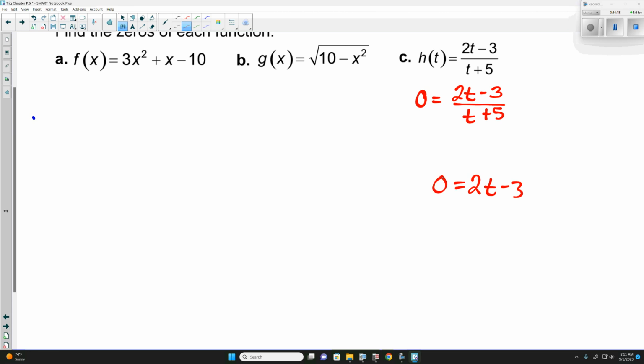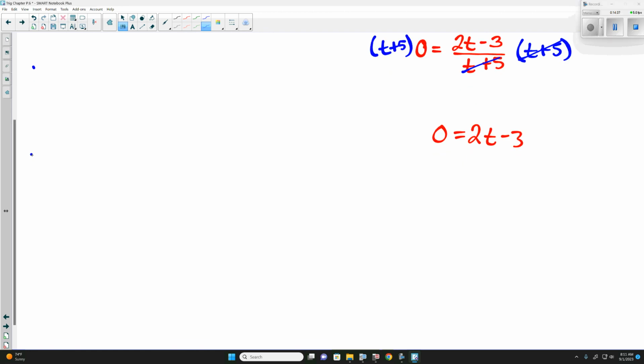Yes? Now, mathematically, we can do this by multiplying both sides by t plus 5, because that would simplify to 1. And t plus 5 times 0 is, well, 0, so we get to this here anyways. Now we just need to solve.